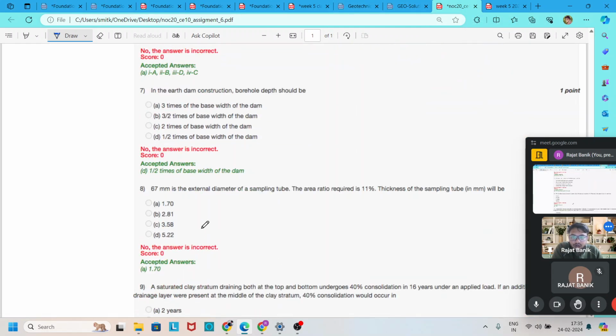Then we move to question number 7, which is based on the borehole depth. We have to remember all the borehole depths for different types of project. Here it is asked to find the depth of borehole for an earth dam.